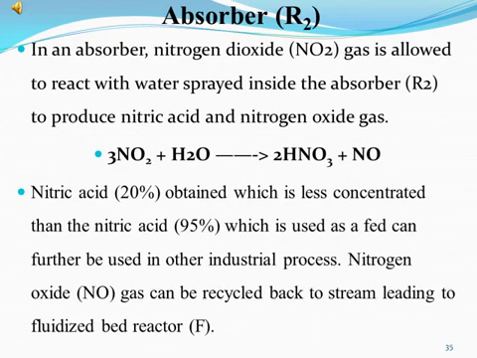Nitric acid of 20% concentration, which is less concentrated than the 95% nitric acid used as feed, can further be used in other industrial processes. Nitrogen oxide, also named nitric oxide, gas can be recycled back to the stream leading to fluidized bed reactor F.